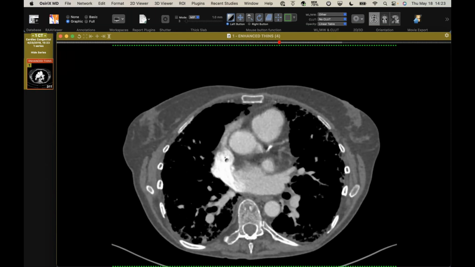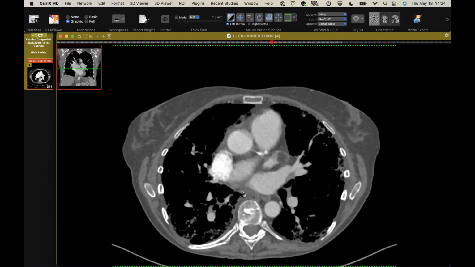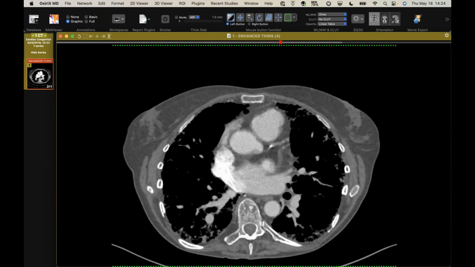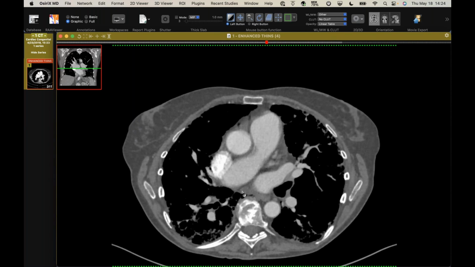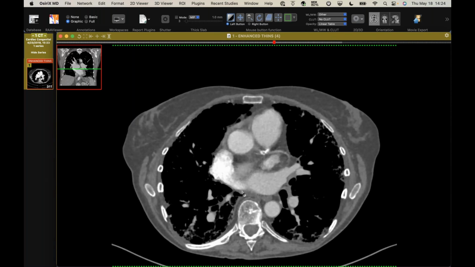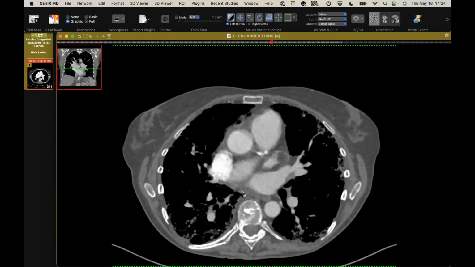So on this, we still have contrast coming in. We can see contrast crossing from the SVC into the left atrium. So this is an example of a sinus venosus type ASD, and those are associated almost always with some anomalous venous drainage. And we can see this little vein branch coming into the SVC right there.